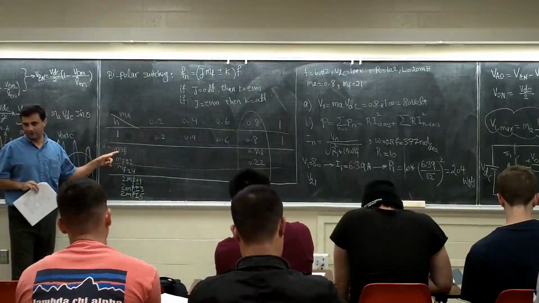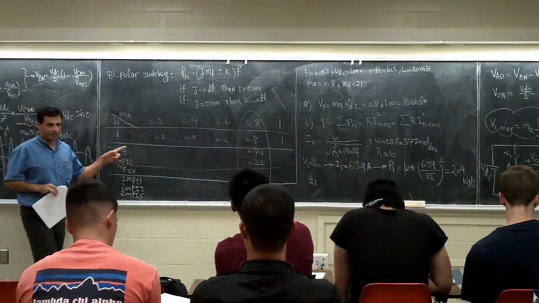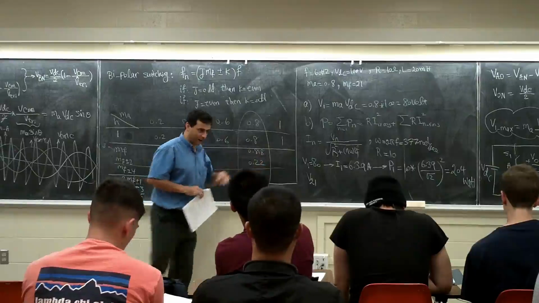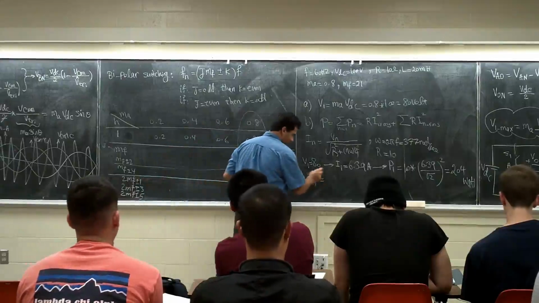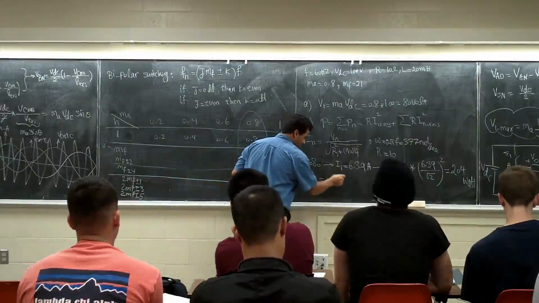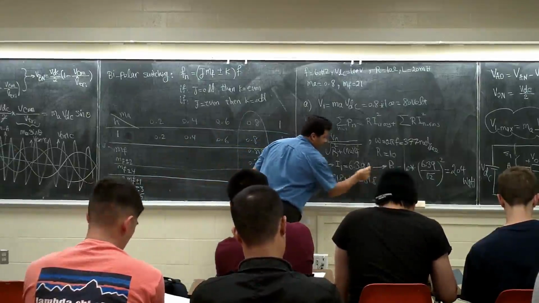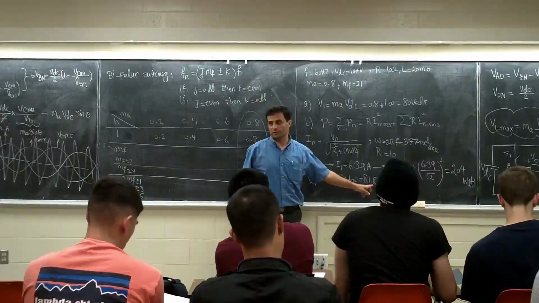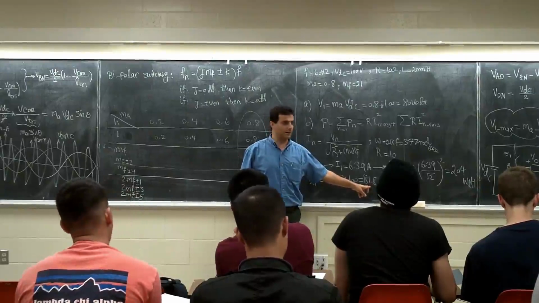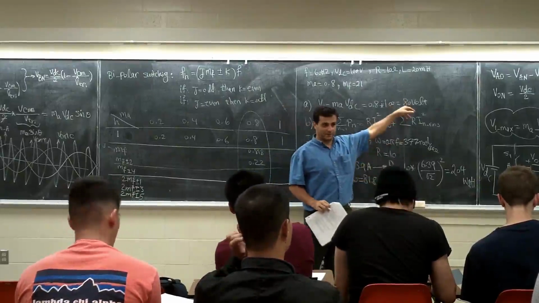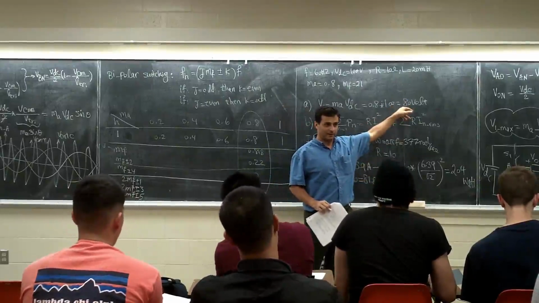This is the next harmonic in the system. How much is this one? 0.818 times VDC, so basically 0.818 times 100, which is 81.8. Look at here: this is 81.8, and this one is 80. This is even more than this, right?